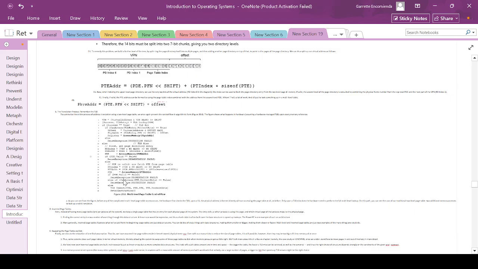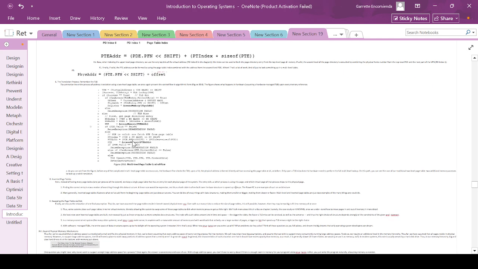Else, if the PDE is valid, now fetch the PTE from the page table. PTI index equals (VPN & PT_MASK) >> PT_SHIFT. PTE address equals (PDE.PFN << SHIFT) plus PTI index times size of PTE.